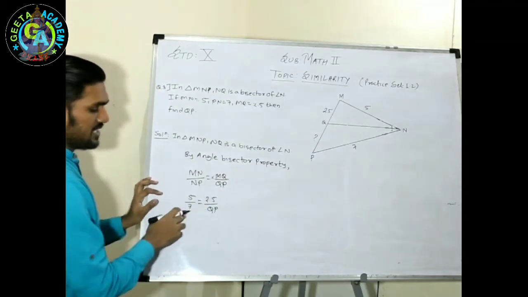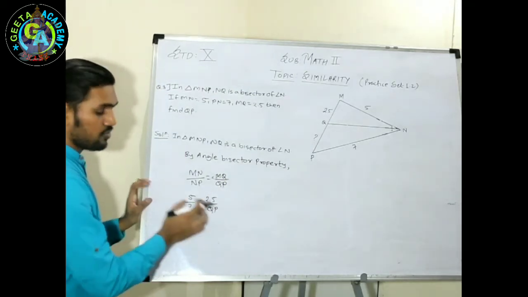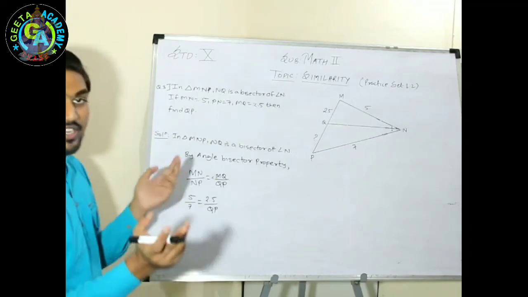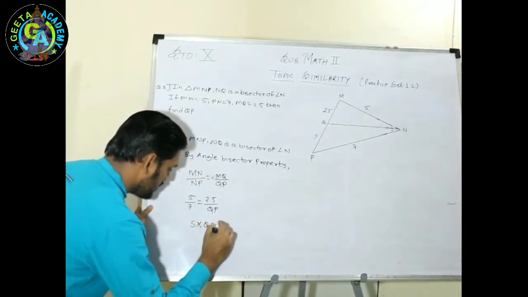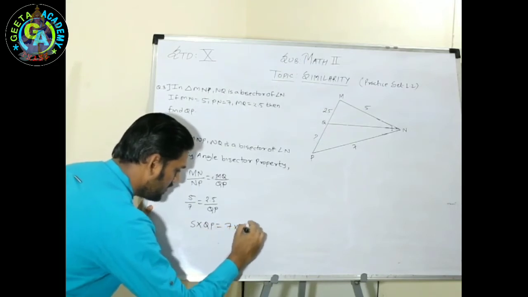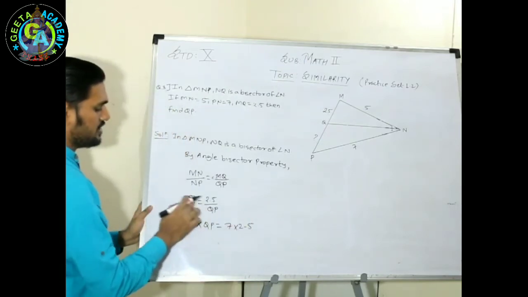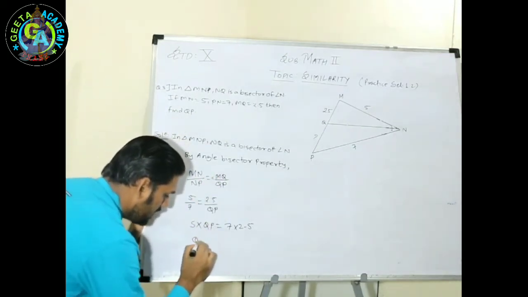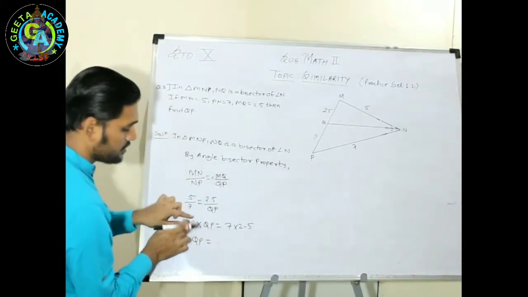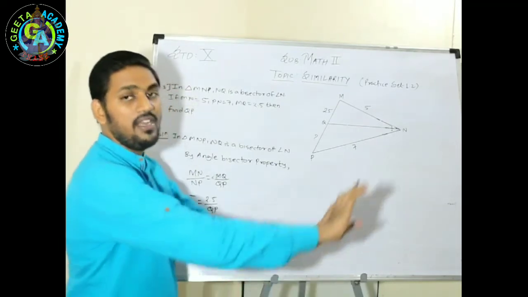Now we have 3 values and QP we don't know, so as it's a fraction, it will get cross multiplied. So 5 into QP is equal to 7 into 2.5. Now we have to find the value of QP, so we will shift 5. 5 was multiplying over here, so it will divide.